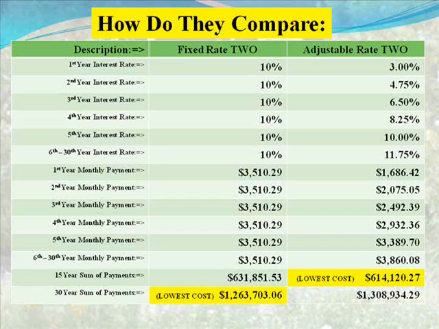Whereas the lowest cost loan, when held for just 15 years, and that can come up in many situations, can cause somebody to only hold a loan for 15 years or even less. The lowest cost loan in this case at the 15th year period is the adjustable rate example as shown below.